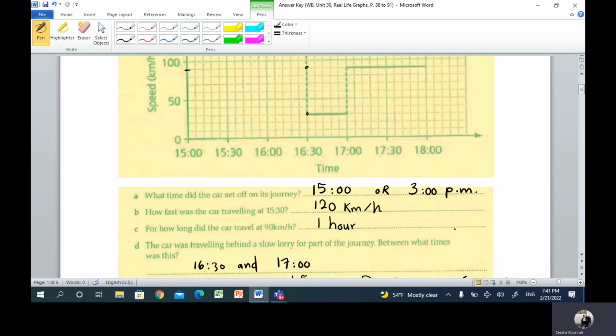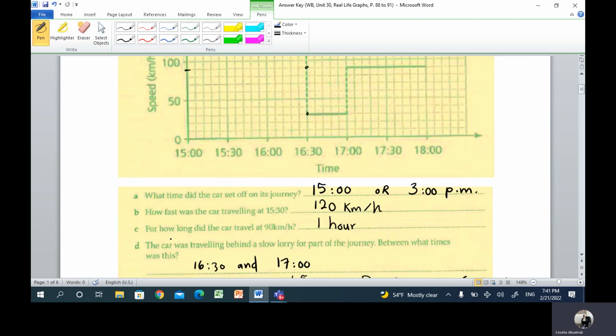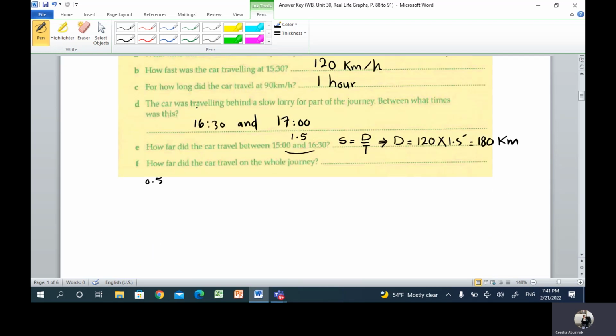From 16:30 to 17, which is 0.5, a half an hour, the speed here is, so 50, this is 40, 30, so 0.5 hour at a speed of 30 kilometers per hour.